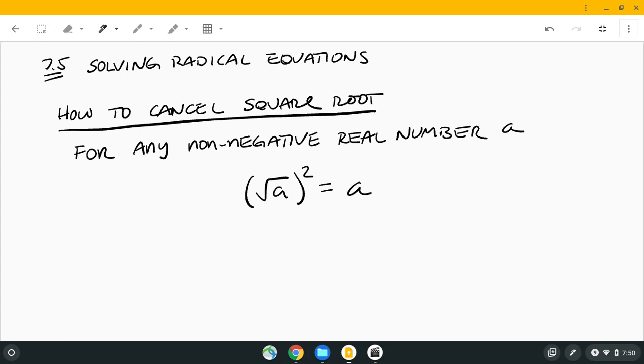So that's what you would do to cancel out a square root. You would just go ahead and square.